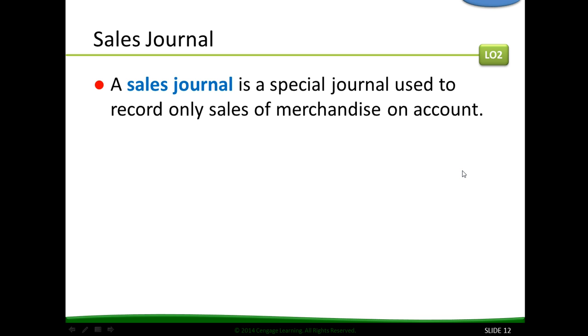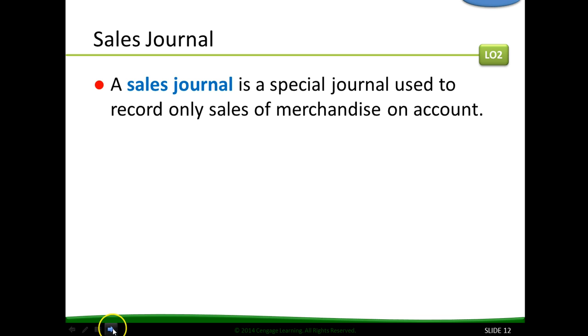It's a special journal used to record only the sales of merchandise on account. So let me ask you this. Do we put cash transactions in there if they paid cash for it? If the customer comes in and pays cash for the light bulb, do you? No, you do not. A sales journal is only used for merchandise on account.